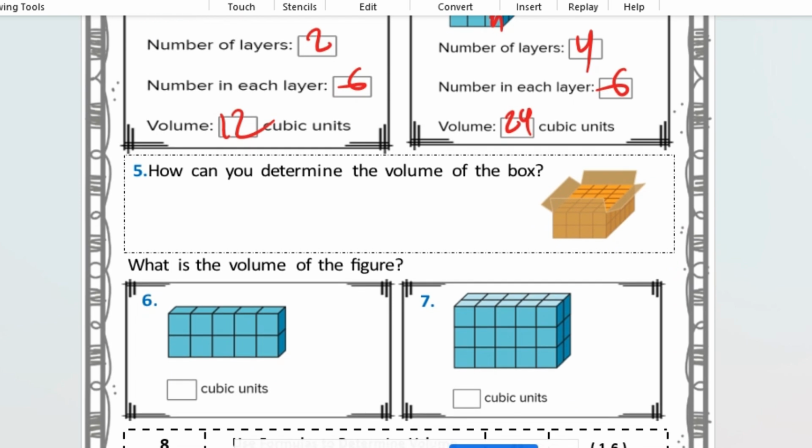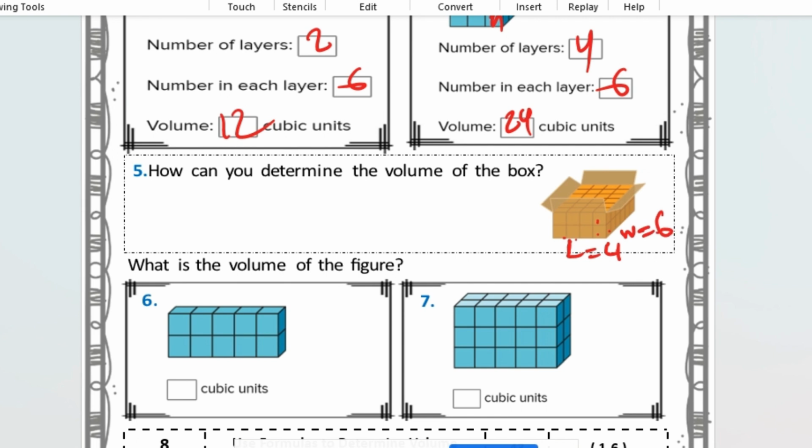Now, how can you determine the volume of the box? Here we have how many layers? We have 2 layers. We have a length of 4, so the length L equals 4, and the width W is 6.